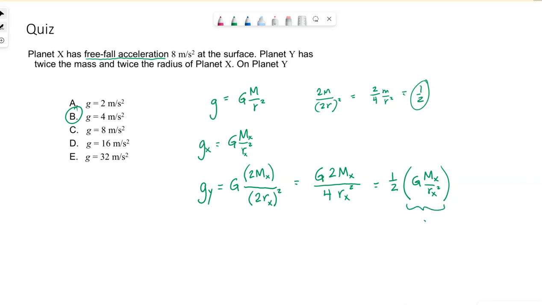But this is g of planet X. This is where we're getting that g of planet Y is half of g of planet X.